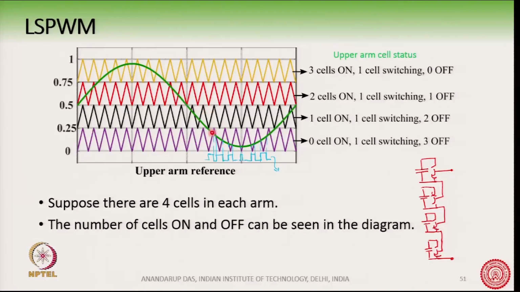Now we have covered this part of the waveform. Now, let us see this part of the waveform here and here, these 2 parts of the waveform. During this part of the waveform, as we know that in level shifted PWM, when we are fabricating this part of the waveform, it means that one cell must be turned on out of the 4 cells and one cell should be doing the switching action.